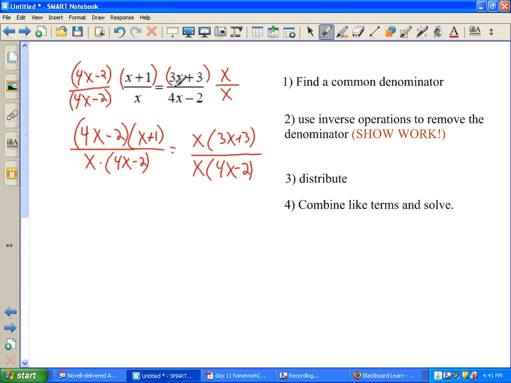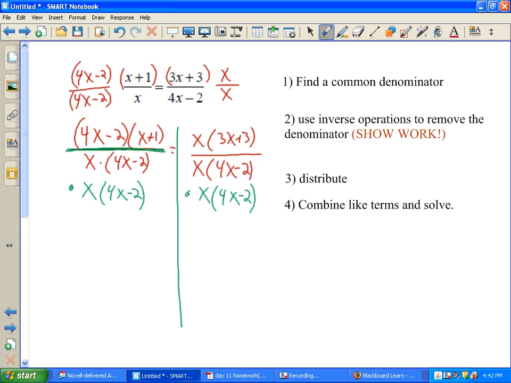To remove them, you have to show your work and do the opposite or the inverse operation of the fraction bar. The inverse operation of the fraction bar is multiplication. So I'm going to multiply everything by x times the quantity 4x minus 2. Multiply the right-hand side by the same thing, and that is why we had to find a common denominator to start off with.